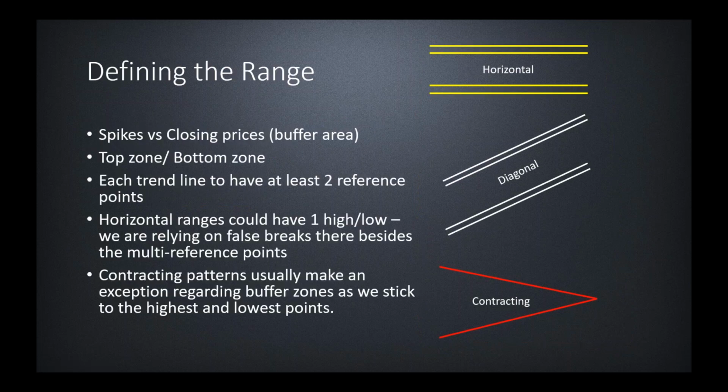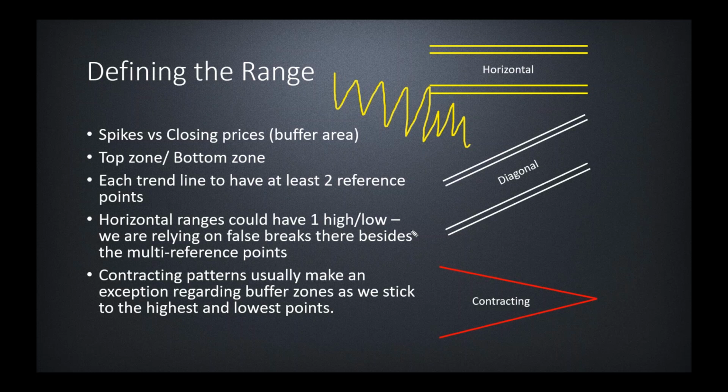Now, when it comes to defining the range, we need to talk about a few points here. Most of the times, when the range is being formed, regardless of its shape, it's not going to be perfect. And again, most of the times, when you're trading, things are not going to be perfect.